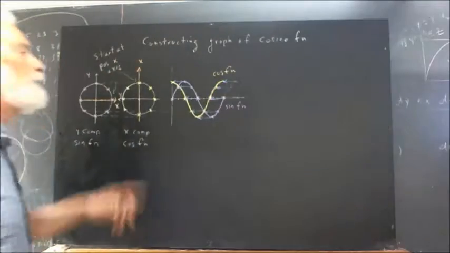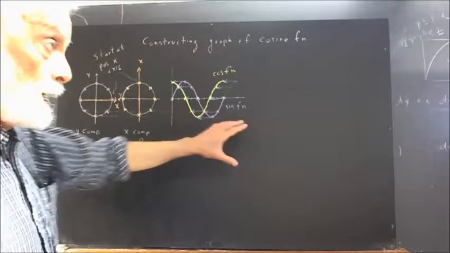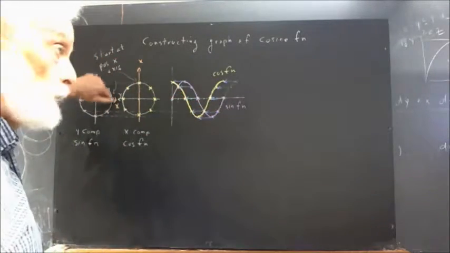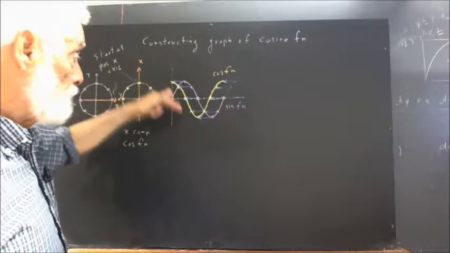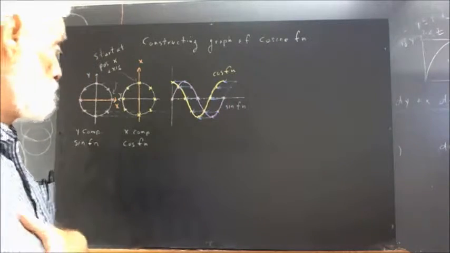Or, if each point on the graph of the sine function is shifted a distance corresponding to one quadrant, the arc of one quadrant, to the left, we land on the same points that we had for the cosine function. Okay?